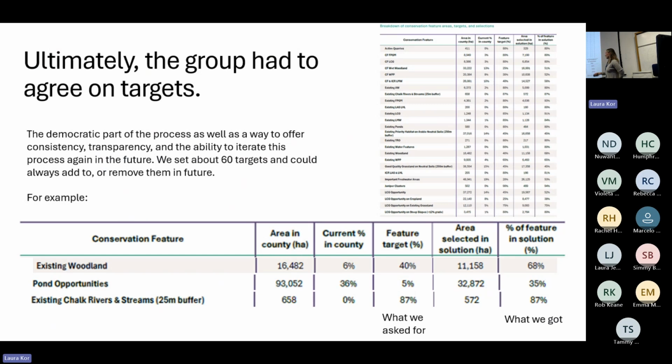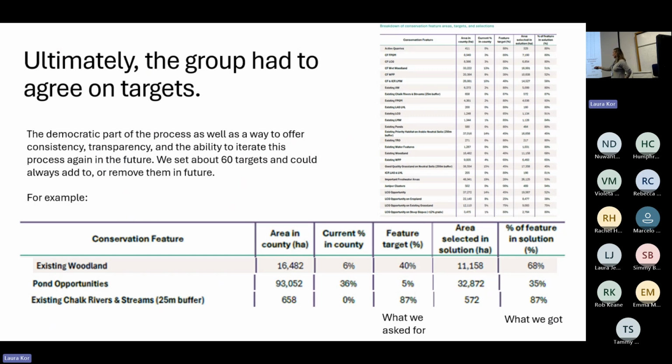We have 16,500 hectares in Oxfordshire, and what we said is we want at least 40% of that in our final map. Similarly, for pond opportunities, this was that large blue area, so it was really quite flexible across the county. So we set a lower target because we were less constrained. We said for pond opportunities, make sure you have at least 5%.